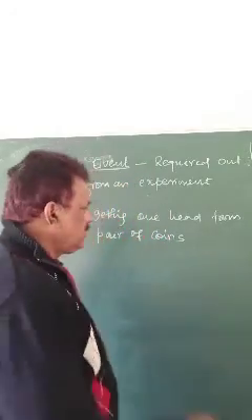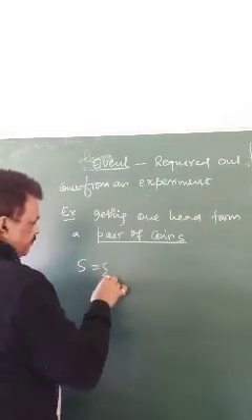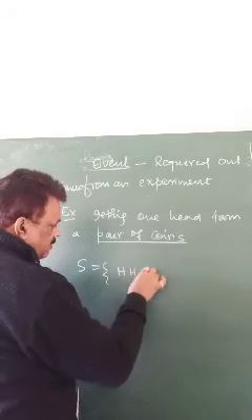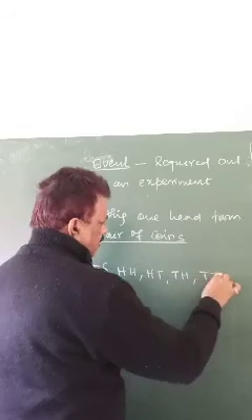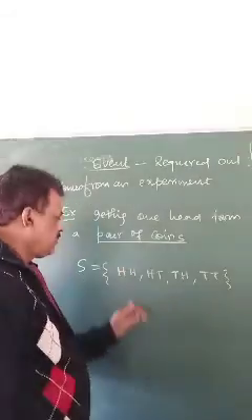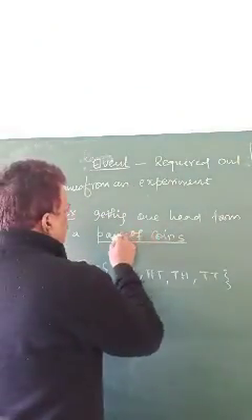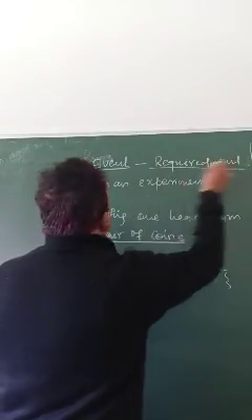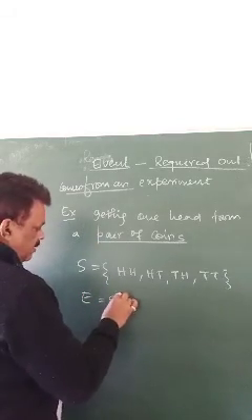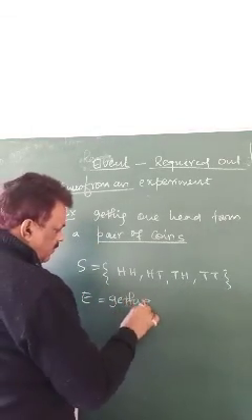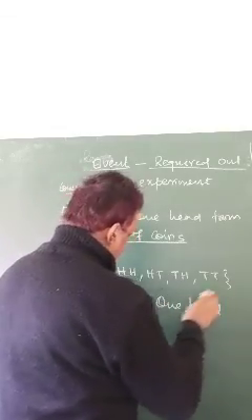A pair of coins is your sample space. So what is the sample space here? Head-head, head-tail, tail-head, tail-tail. That is the sample space. Required outcomes: E is the event of getting one head.